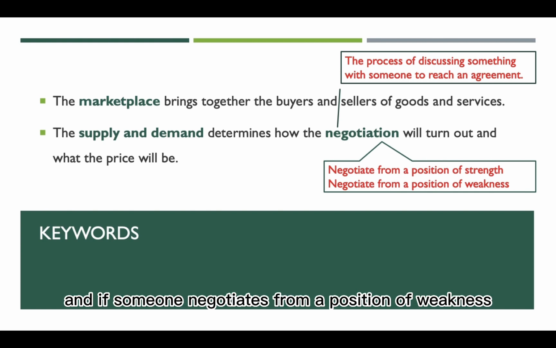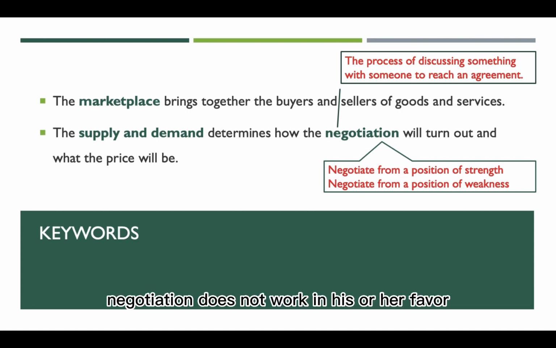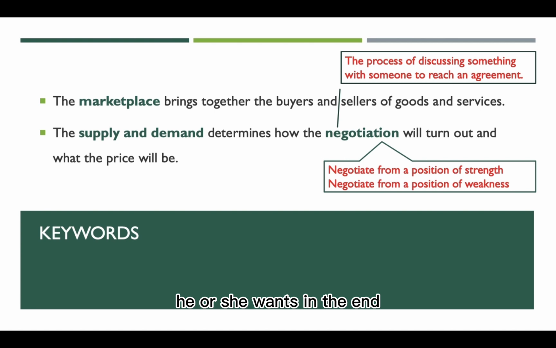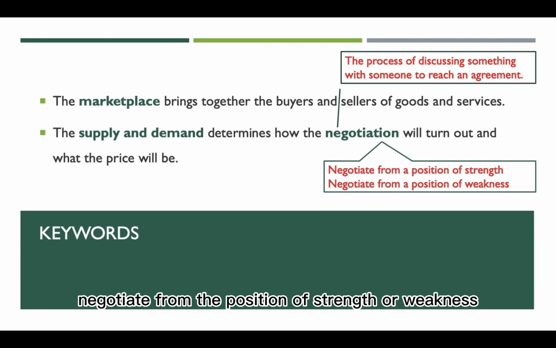And if someone negotiates from a position of weakness, it means the negotiation does not work in his or her favor. He or she might not get what he or she wants in the end. So these are 2 useful expressions you can learn. Negotiate from the position of strength or weakness.